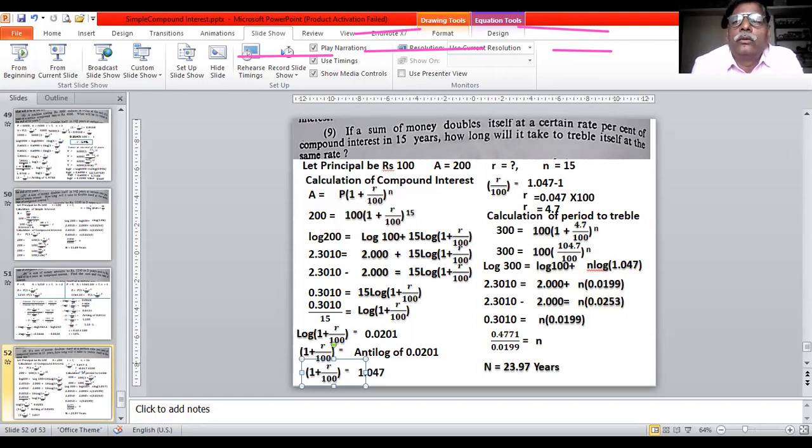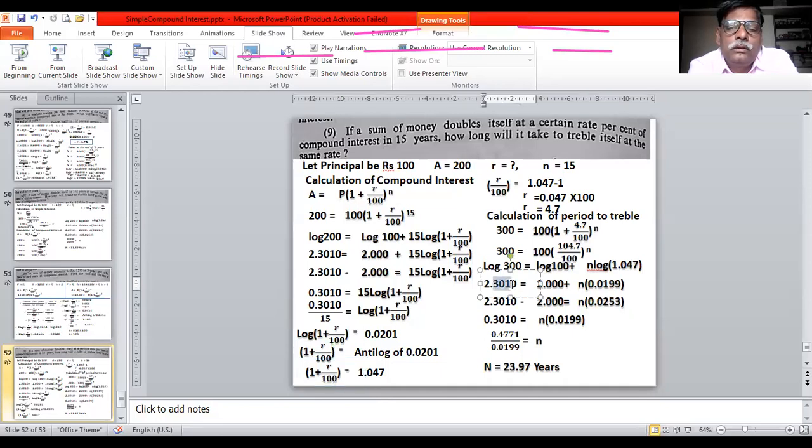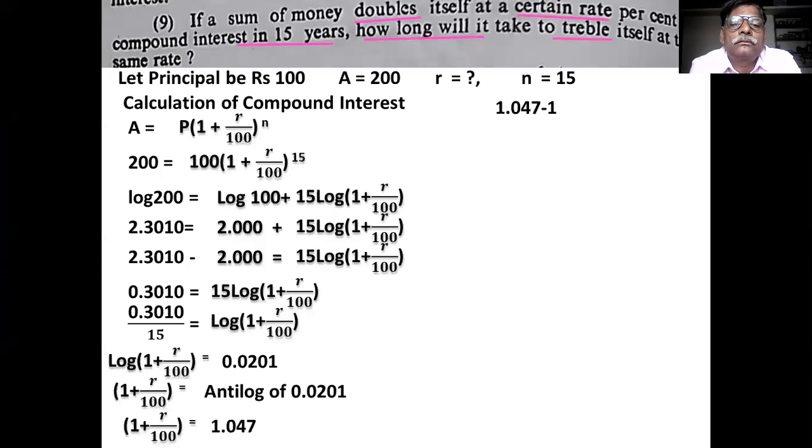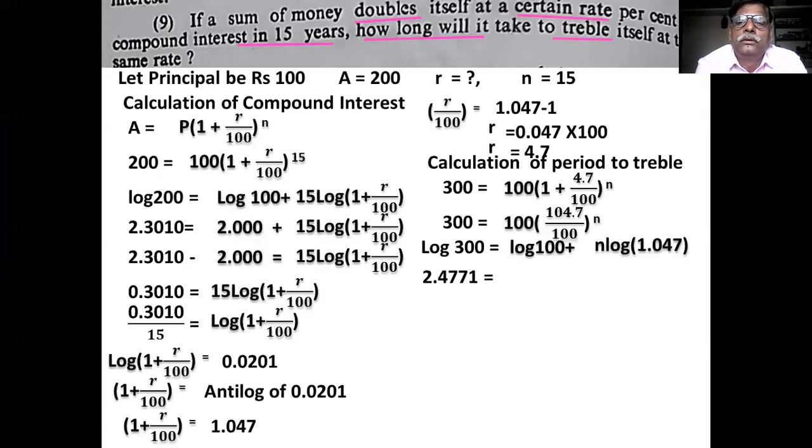So 4771 is the log value; it is not the 2.3010 answer here. So log 300 is equal to 2.4771.